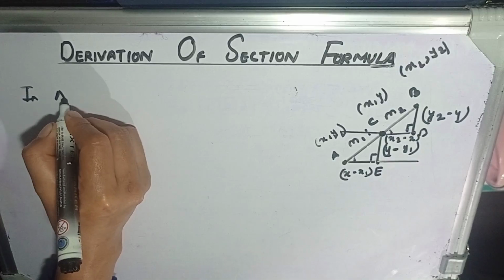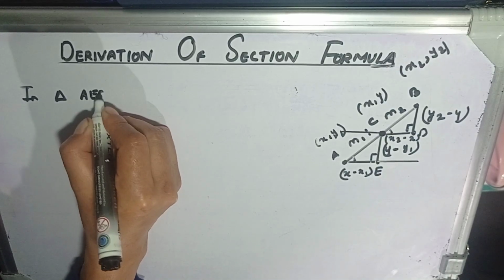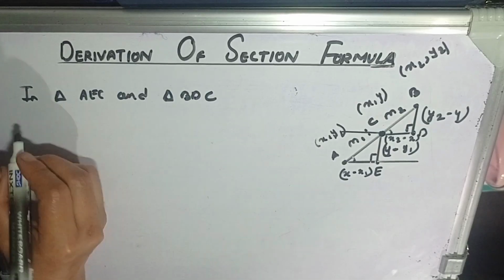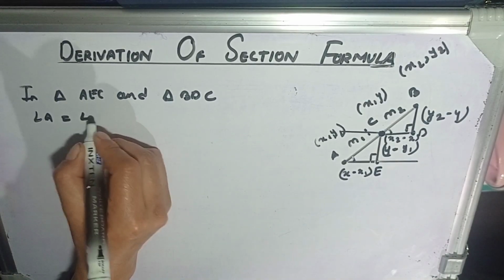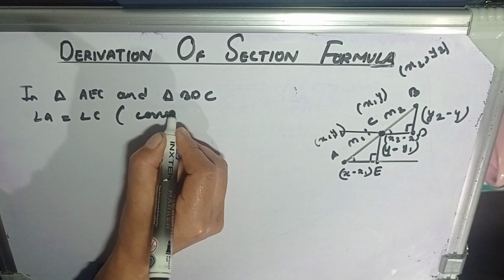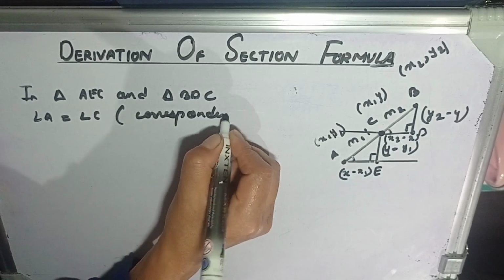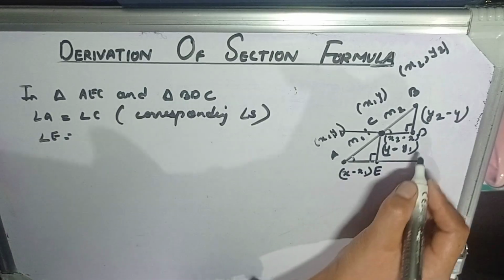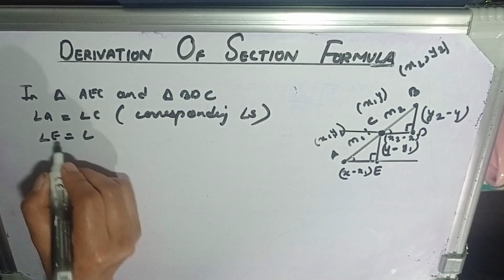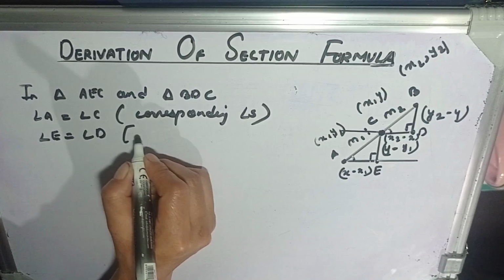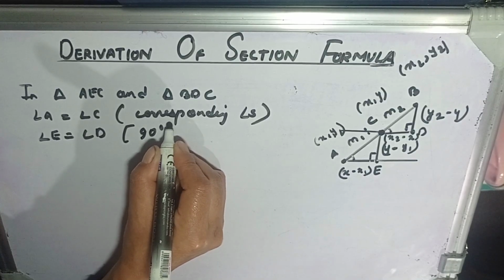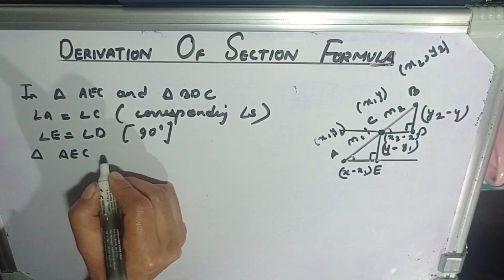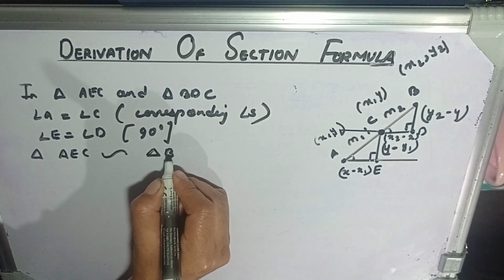In triangle AEC and triangle BDC, angle A equals angle C, corresponding angles. Angle E equals angle D, 90 degrees. Triangle AEC is similar to triangle BDC.